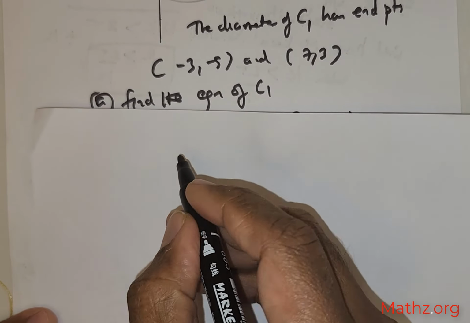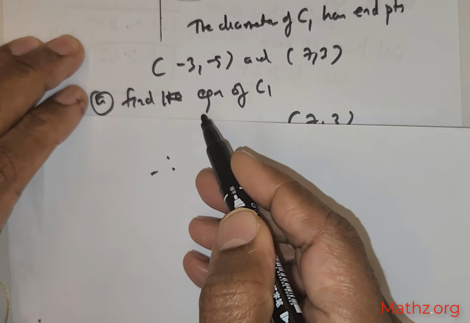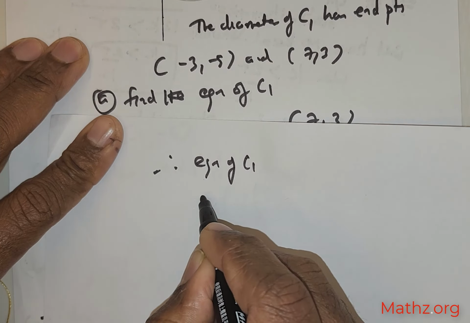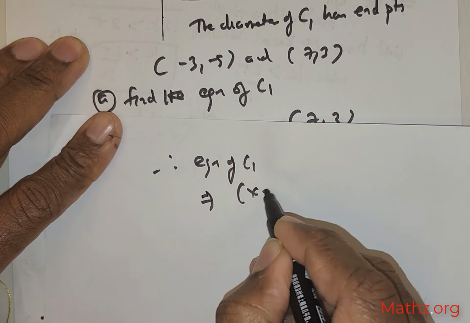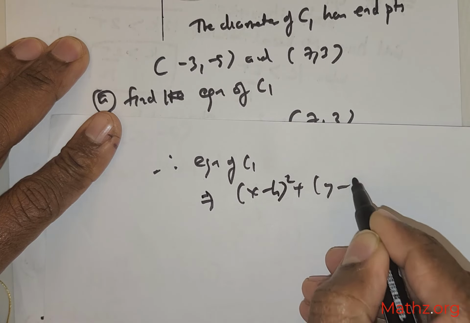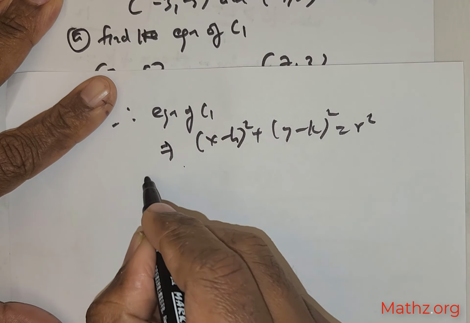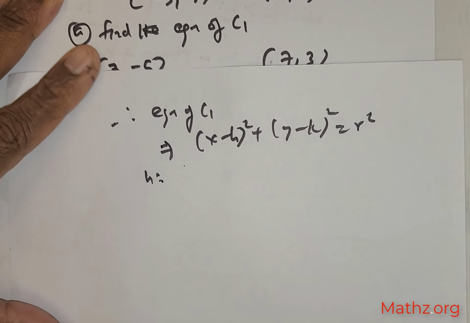Now we will have to write the equation, right? So that's what is required. Find the equation of C1. So therefore equation of C1 is of the form x negative h the whole squared positive y negative k the whole squared is equal to r squared. So h comma k are the centers.